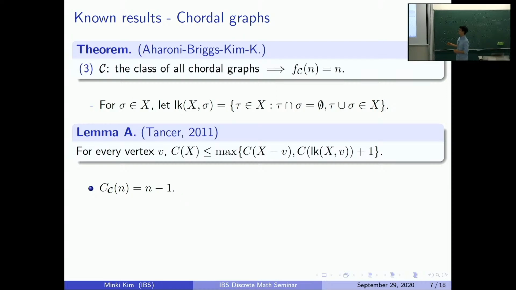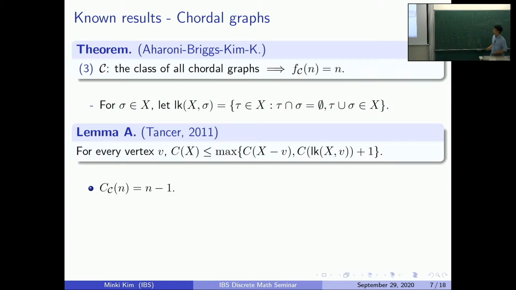So first, we need to define what the link complex is. Given a simplicial complex X and some simplex sigma in X, we define the link of sigma in X as a complex whose faces are faces tau of X that are disjoint from sigma, such that tau union sigma is a face in X. Note that this complex is a complex on the vertex set of X minus sigma.